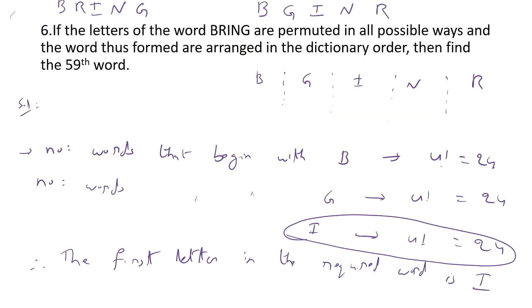Let me check whether I have written the letters correctly. Okay. Now I should not count all the words that begin with I. I have used I, this is my first letter.